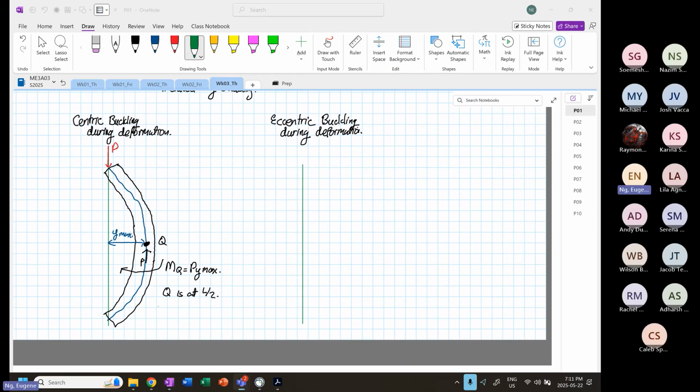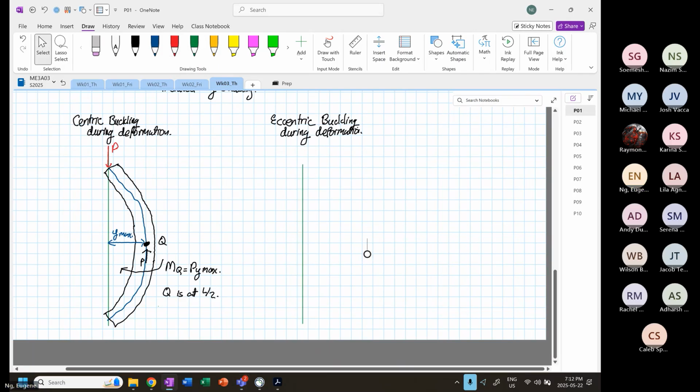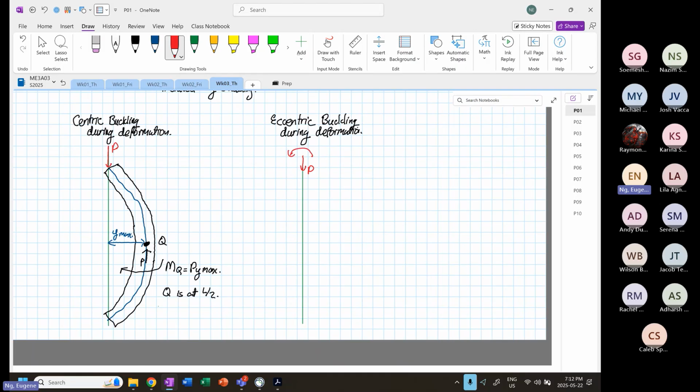And then we have an offset P. Sorry, I'm not going to draw the offset. I'm going to draw when we have P, and then we have a moment at point A, which is P multiplied by E.